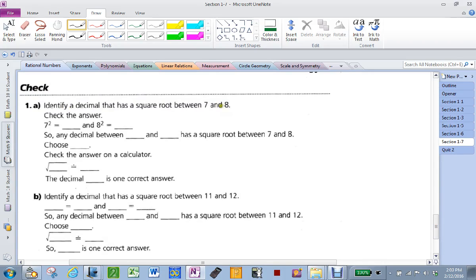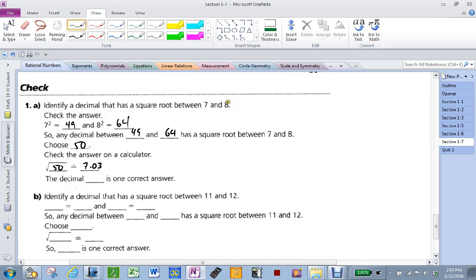I need any decimal between the square roots of 7 and 8. So what's it got to be between? 49 and 64. So any decimal between 49 and 64 will work. Choose 50. Let's check. The square root of 50 on our calculator is going to be 7.03 or something.